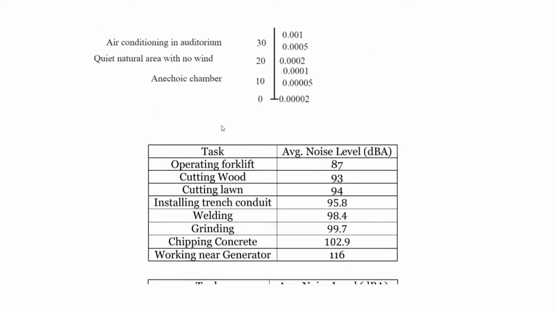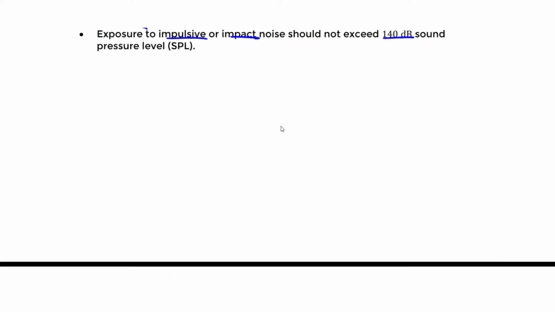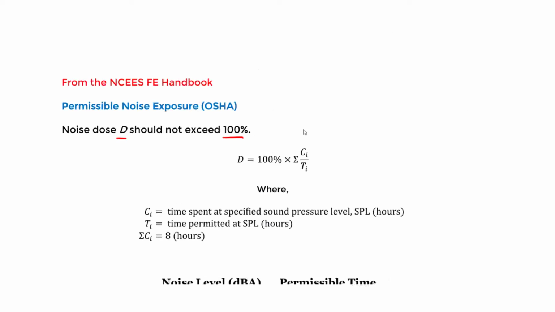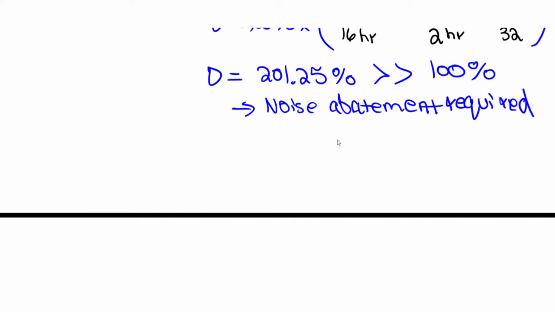And one last thing, you don't have to watch this, we're basically done. The 8-hour time weighted average is actually in this equation, right? But that's not in the handbook. If we use this equation real quick, we can find the exact time weighted average with respect to that 90 for the noise level for a permitted time of 8 hours.